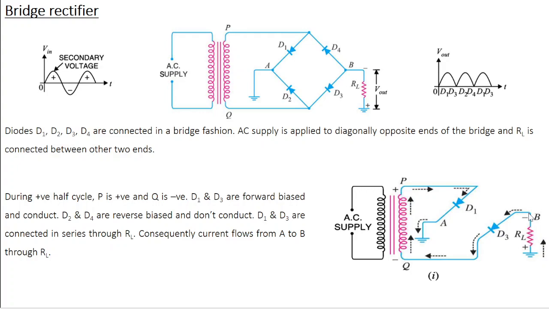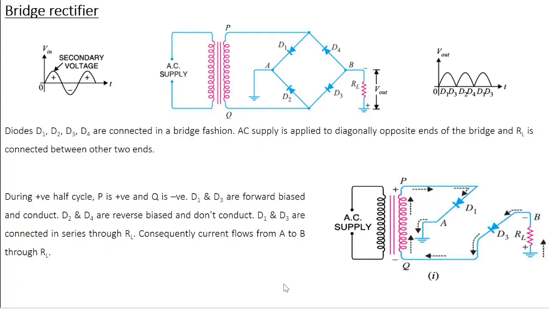It will pass through RL, and through D3 because D3 is forward biased. Finally, it will come to the negative terminal, so the circuit is complete. So you can see in this circuit, D1 and D3 are connected in series through RL. Consequently, current flows from point A to point B through RL.